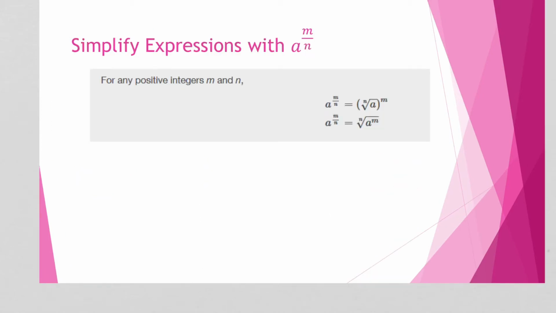Okay, so this page is showing you what happens when your numerator isn't 1 anymore, okay? So you still put the denominator in the index place, okay? You still put the base under the radical. But this is showing you have options here. You can either put the m outside of the parentheses, or you could put the m under the radical.